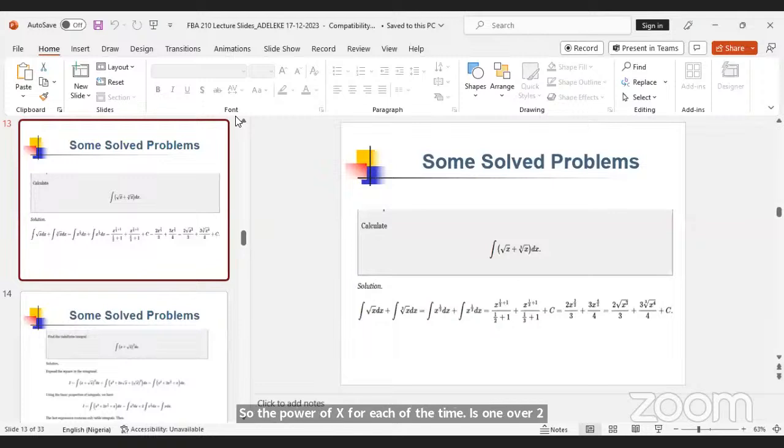Of course you know that if you want to integrate, you will increase that power by 1 and then divide the new function by the new power. So you have x to the power of half plus 1 when you are integrating it. So the new power now is 3 over 2.